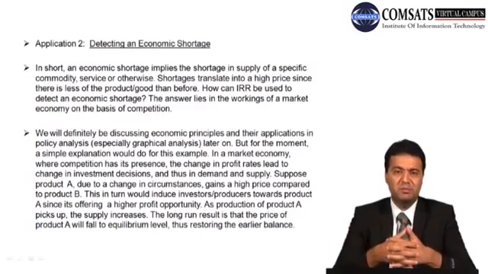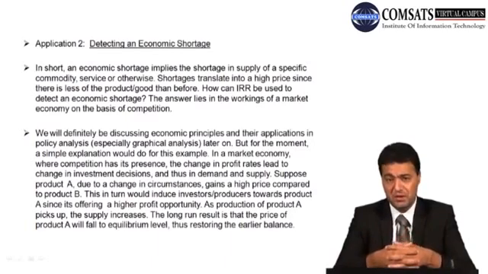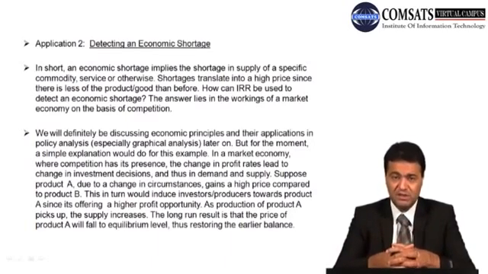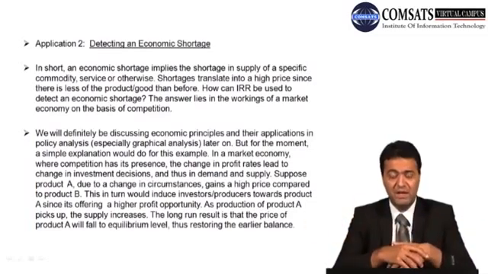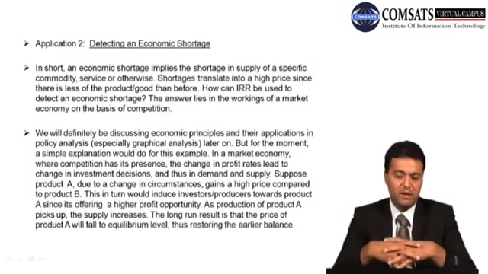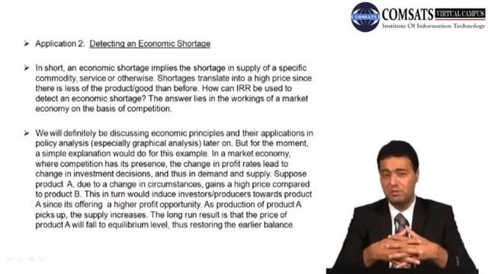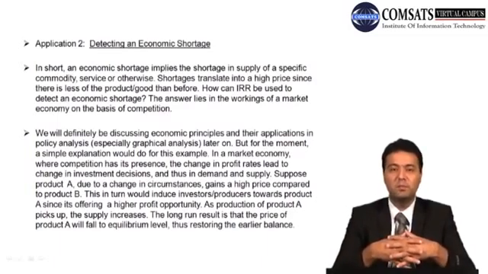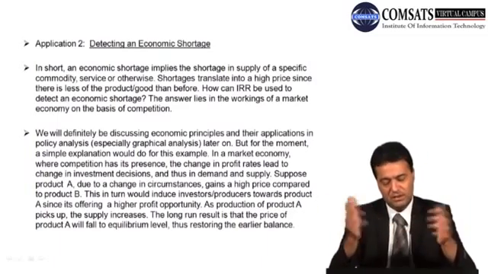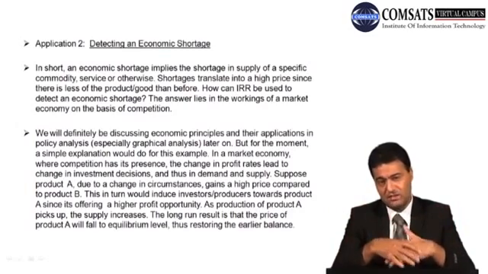Then many times you would have witnessed shortages of simple commodities like rice, wheat, edible oil, sugar. These are some of the things that I have witnessed in my lifetime falling short again and again. And you can detect an economic shortage by simply observing people, the queues of people standing in long lines.